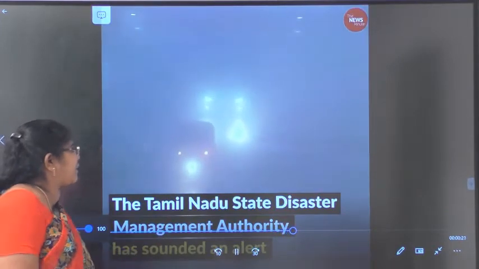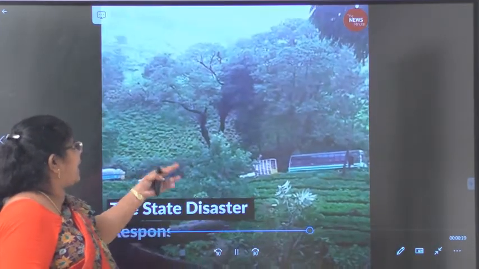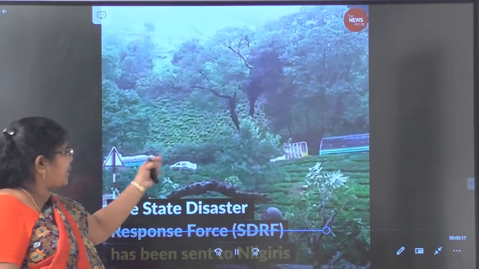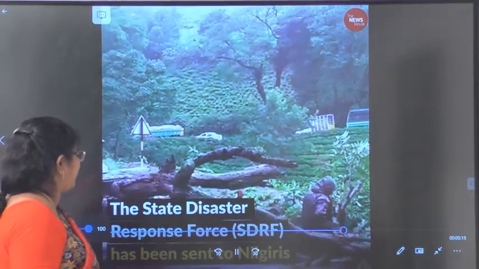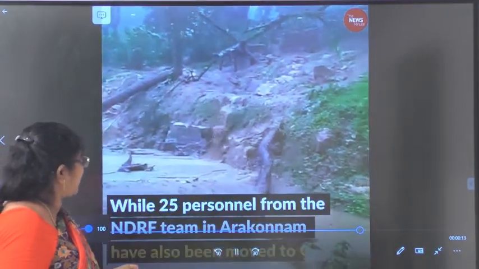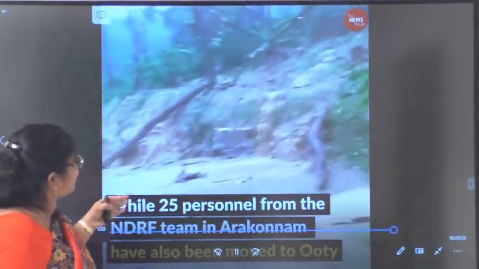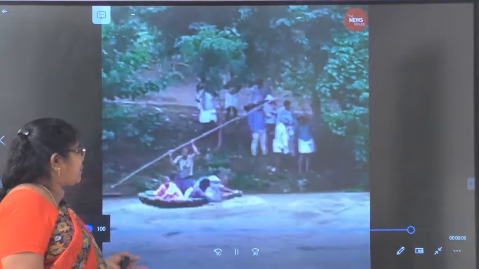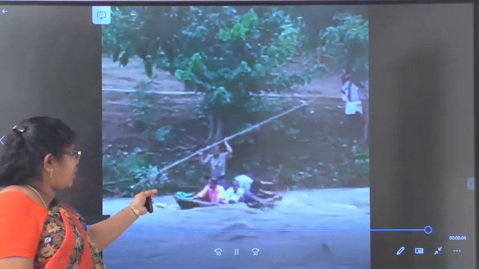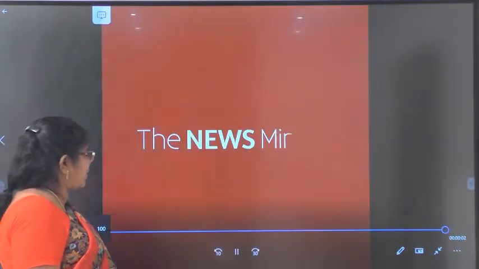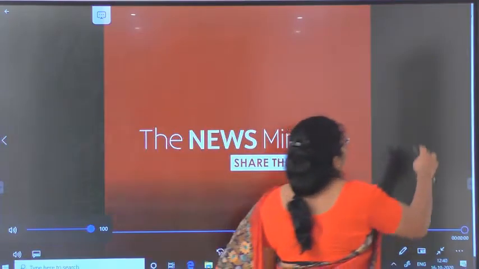The management authority has given a red alert, and you can see people stranded here and there, and persons coming to cut the trees. 25 persons from Arakonam have come to Ooty to remove all this and take care of the people. They can't go outside. This is the situation.